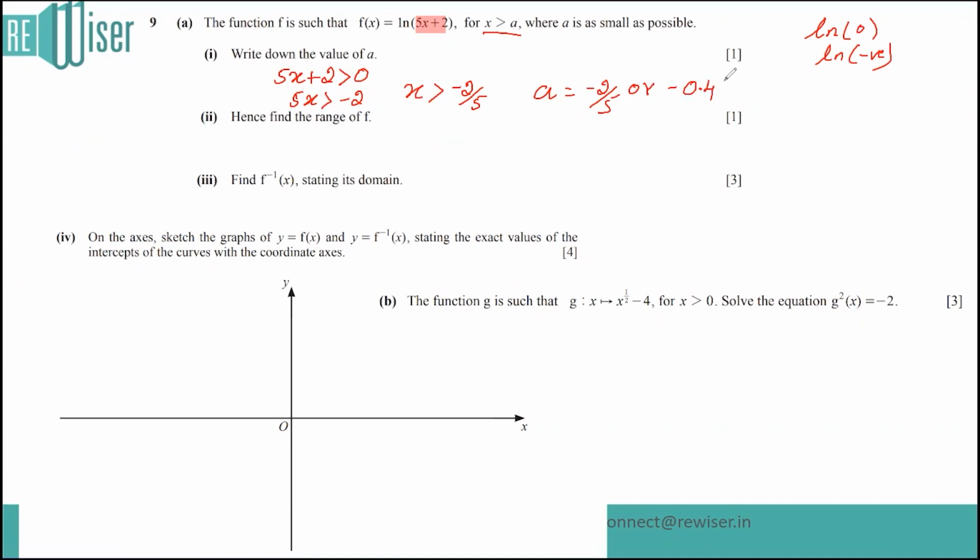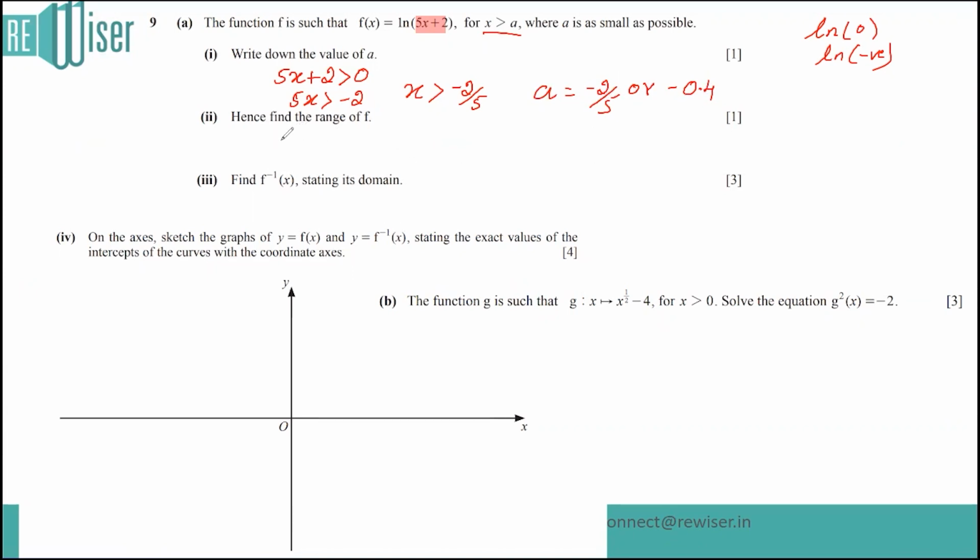Both are valid. So if we get the answer minus 2 by 5, we get one full mark. And next, find the range of this function. Whenever we talk about the range of a log function, the range can be any real numbers, always.